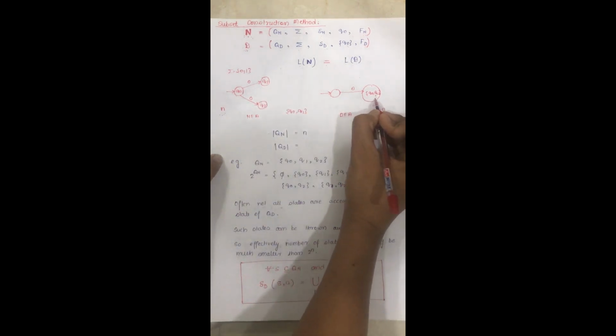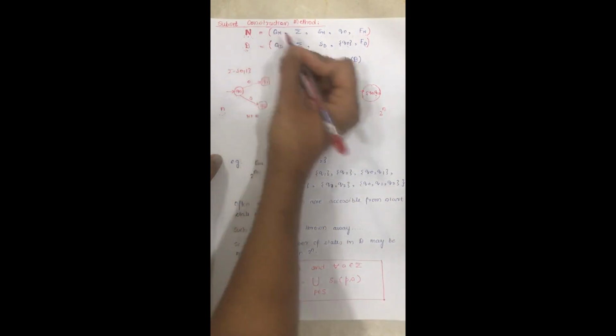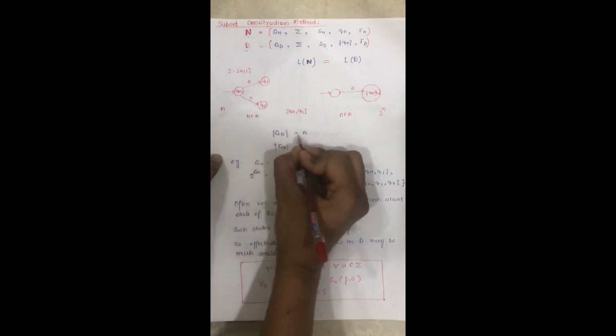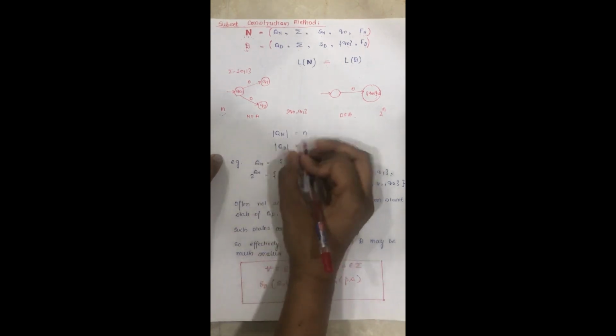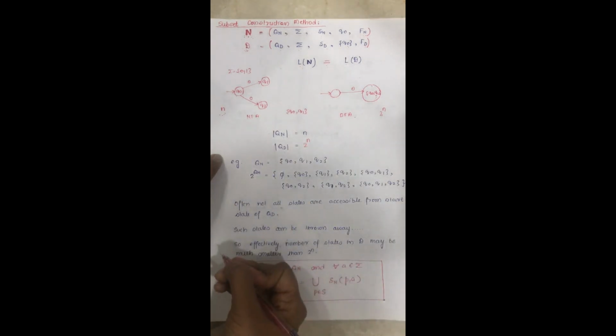Suppose the number of states in Qn in the NFA is n. Then in the DFA the maximum number of states will be 2 raised to the power n.